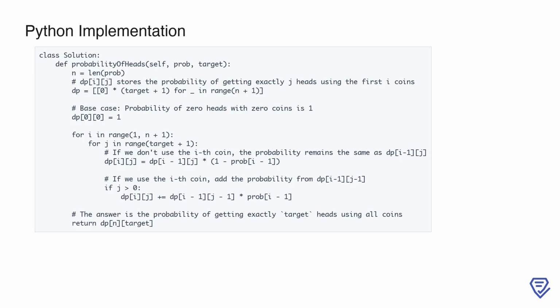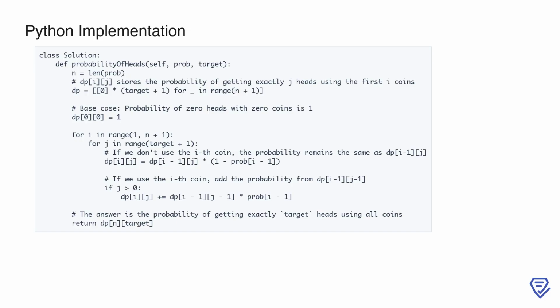For each coin, from 1 to n, we iterate over the possible number of heads, from 0 to target. If we decide not to use the current coin, the probability remains the same as dp[i-1][j], multiplied by the probability that the coin lands tails, 1 - prob[i-1]. If we decide to use the current coin, we add the contribution from dp[i-1][j-1], multiplied by the probability of the coin landing heads, prob[i-1].